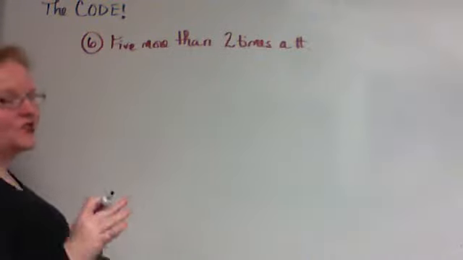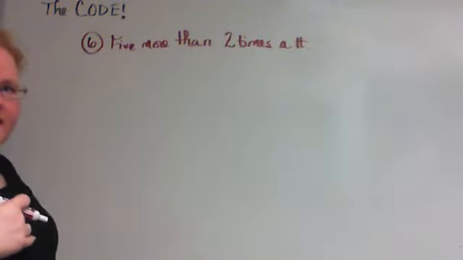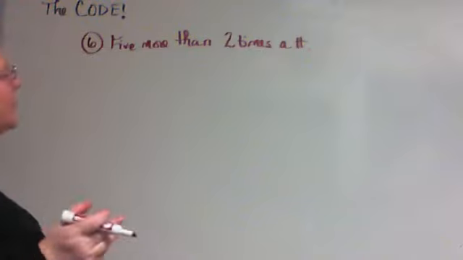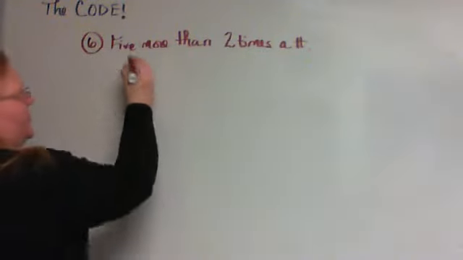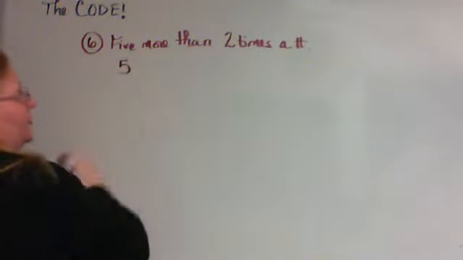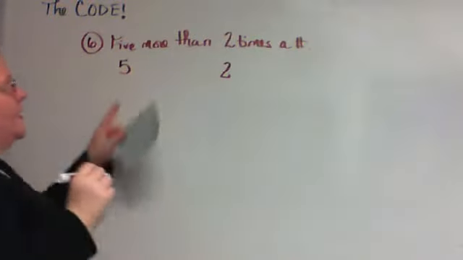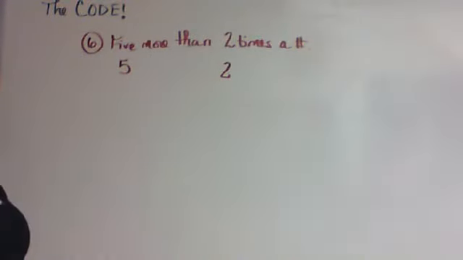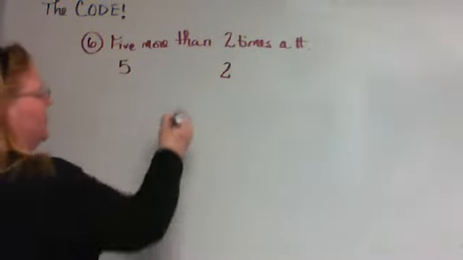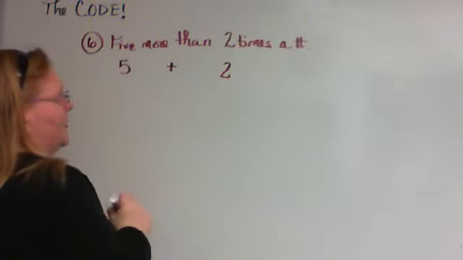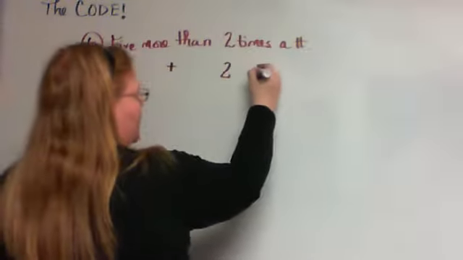When you're translating phrases into letters and numbers, first start with the numbers because they're easy. 5 is obviously going to be a 5. 2 is obviously a 2. More than was underneath what symbol? It's underneath the plus. And times was underneath multiplication.